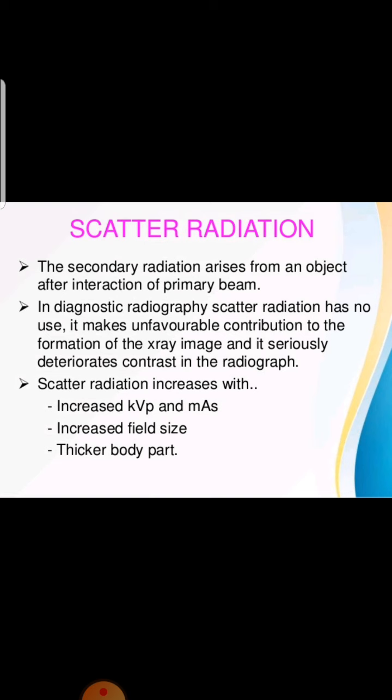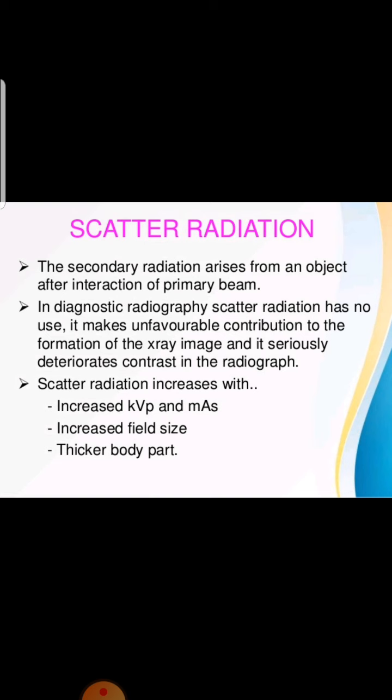By increasing the kVp and mAs, definitely you will increase the amount of radiation, and ultimately there will be more scattering. And if you are increasing the field size, once again you are providing a large area, and there will be more scatter radiation, and your contrast will be badly degraded.